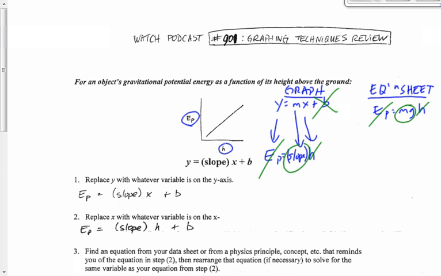B, because this other equation from our equation sheet doesn't have a plus something, right? So we know that there shouldn't be a y-intercept there. If it was mgh plus something, then there would have been a y-intercept. If it's just mgh, then there is no y-intercept. All right, so the slope here is equal to mg. You know how to get the slope. Do it from your calculator, right?